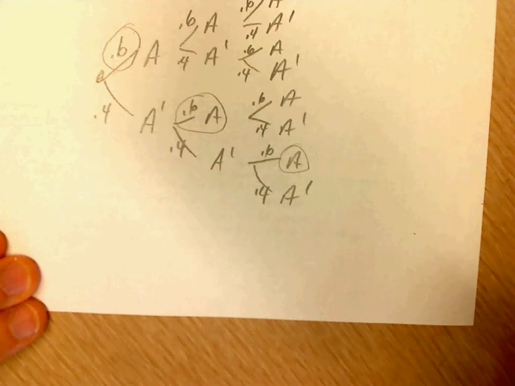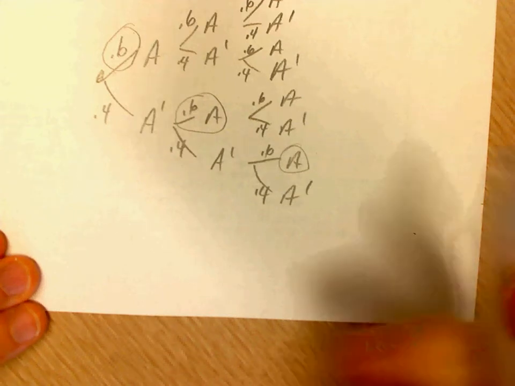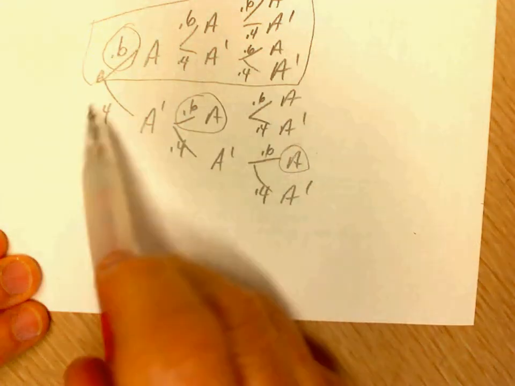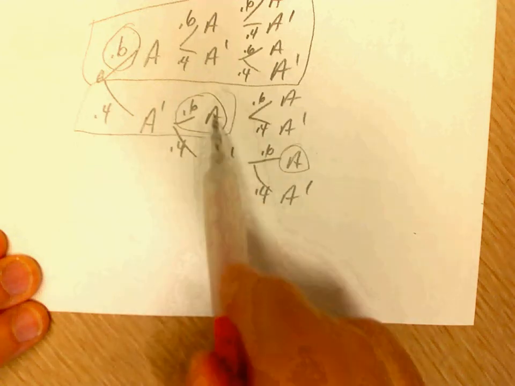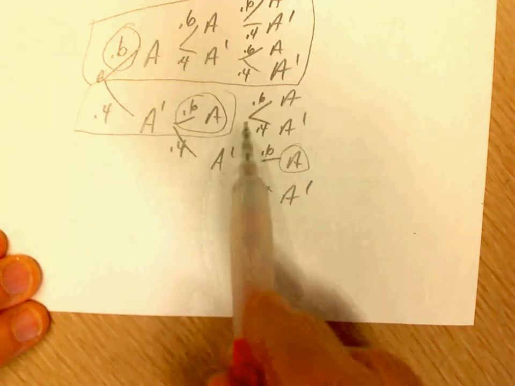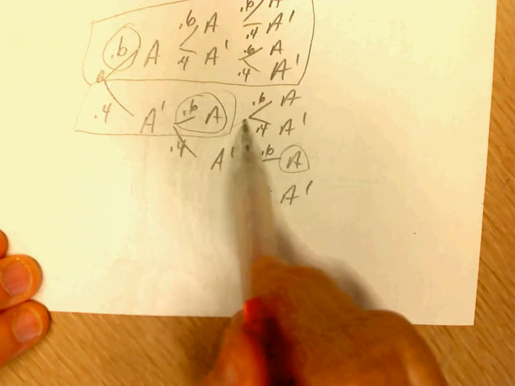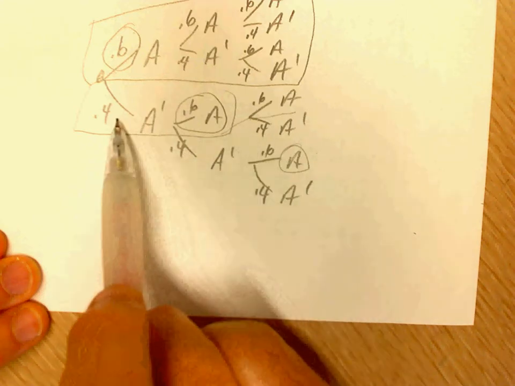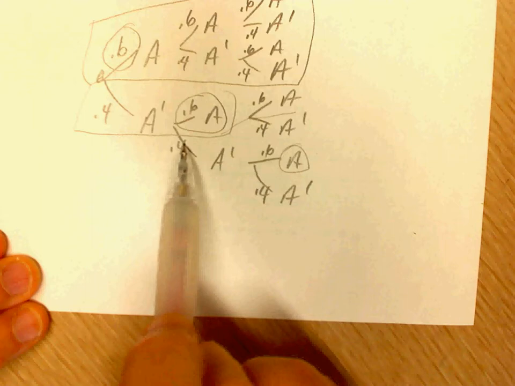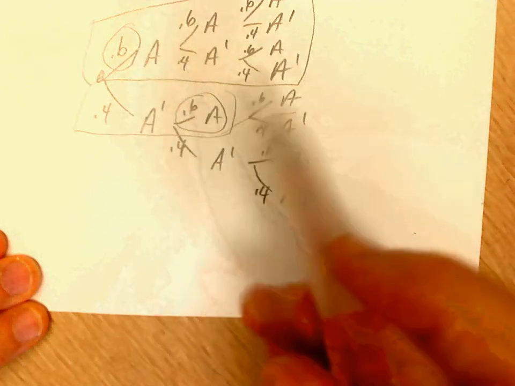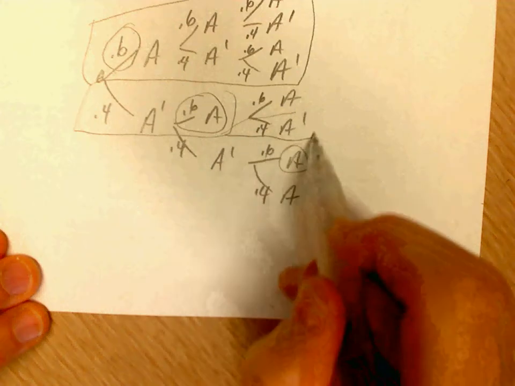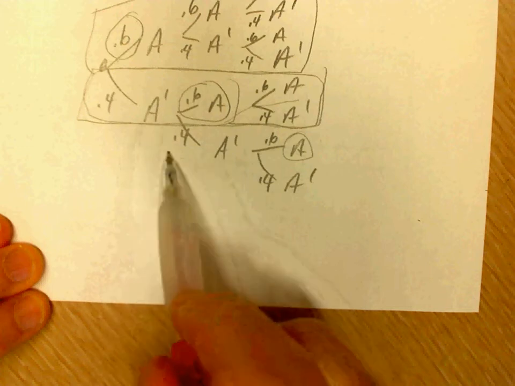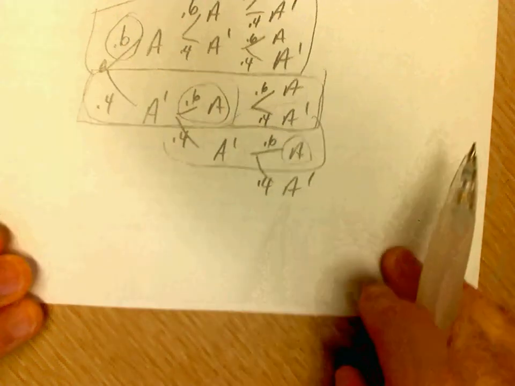So this probability here is 0.6, right? And then this one is 0.4 times 0.6. This is 0.4 times 0.6, so it includes all of those. And then 0.4 squared includes this branch, and it leaves that one out. I don't know, it's just kind of interesting the way that works out.